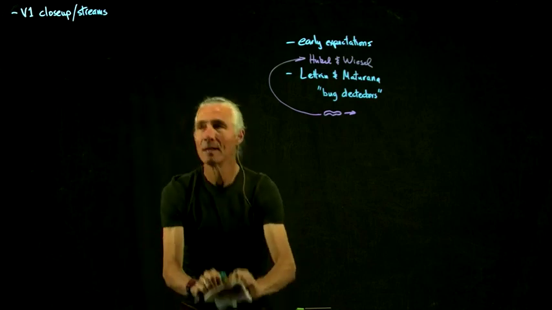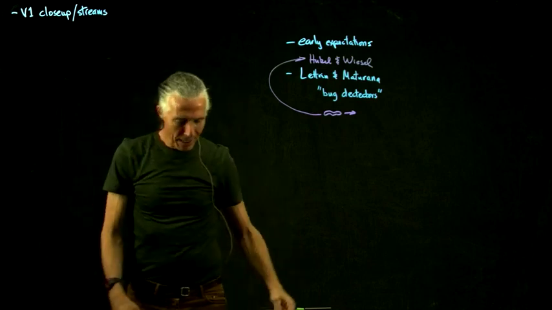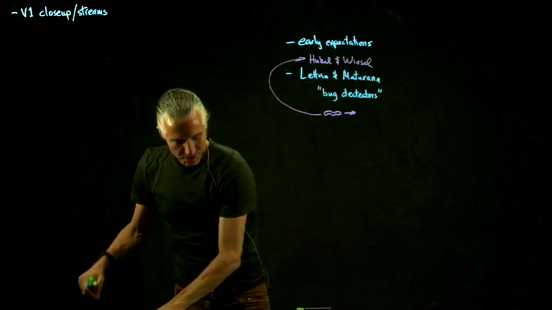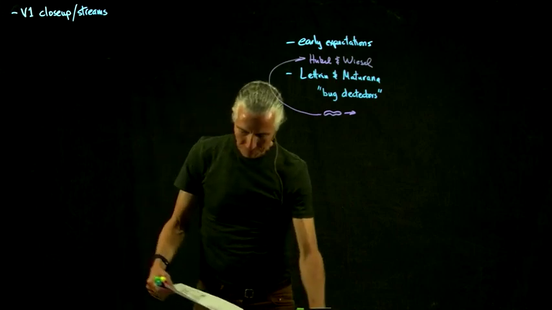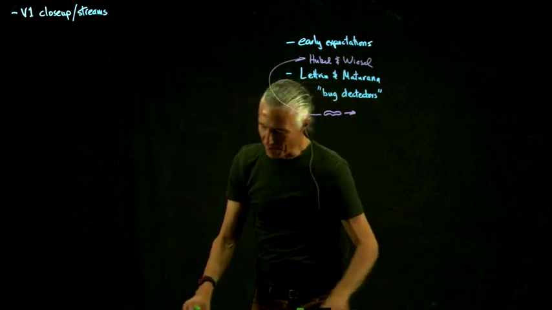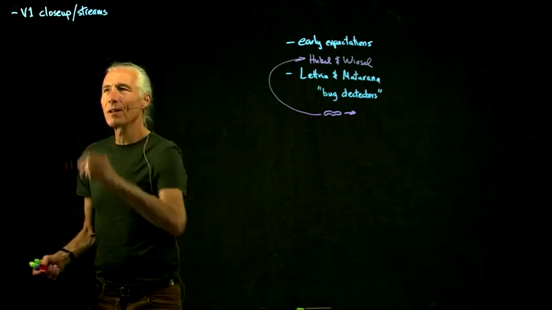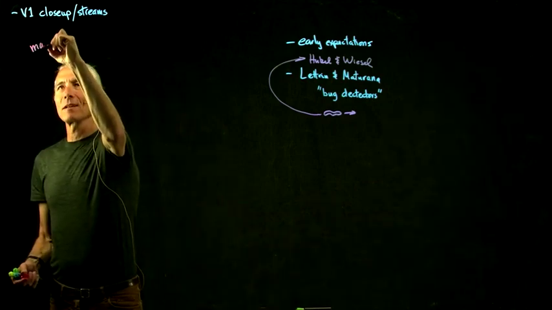So what we're looking at is just a small little chunk of V1. And we're specifically looking at a small little chunk of macaque monkey V1.